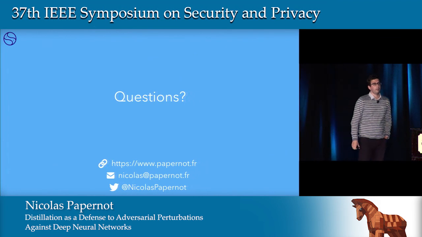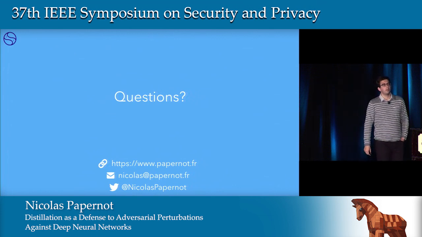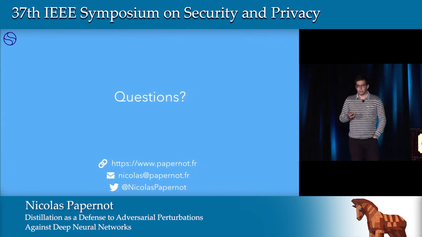I just have a question about the adversary model. So do you give the neural network description also to the adversary? So what is the exact knowledge of the adversary? The attack that we use to evaluate the defense assumes that the adversary has access to the model parameters and the architecture.